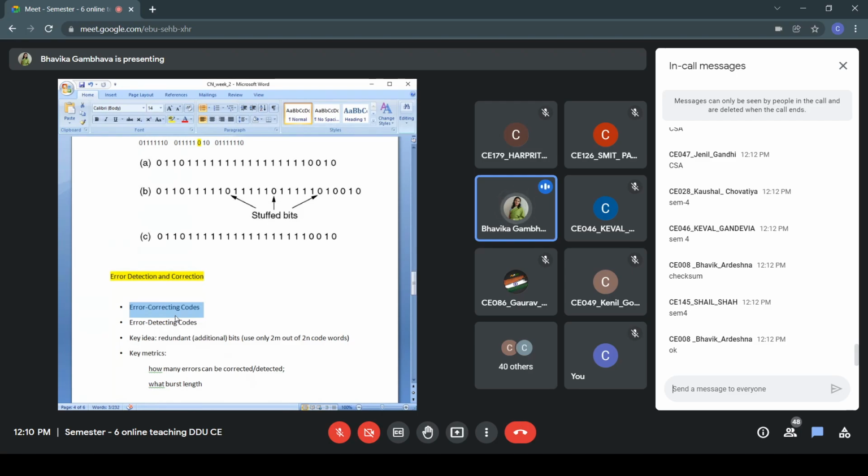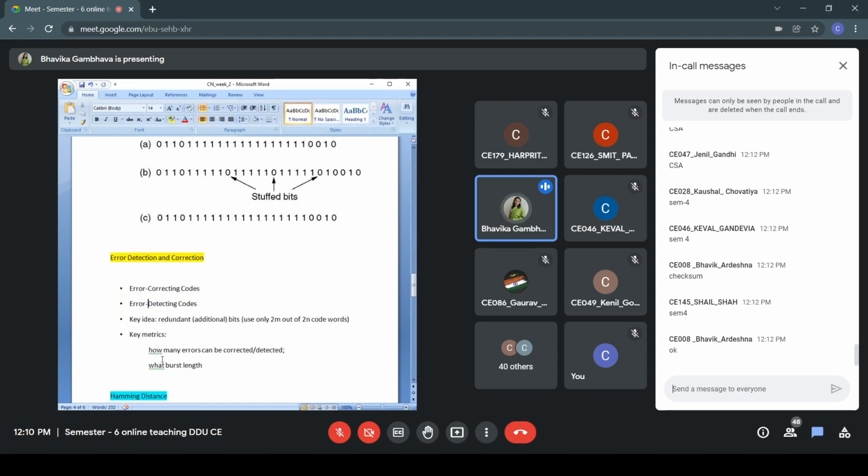And once it knows which bit is problematic, then it is very easy for it to change the bit. Like if it is 1, it will be making it 0. And if it is 0, it will be making it 1. So, error correcting codes are not only for finding out the error, but they can also find out where the error is, and accordingly correct it. In case of error detecting codes, only the error will be detected, it will not know where the error is.